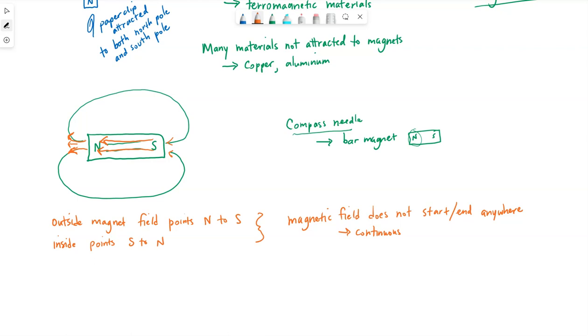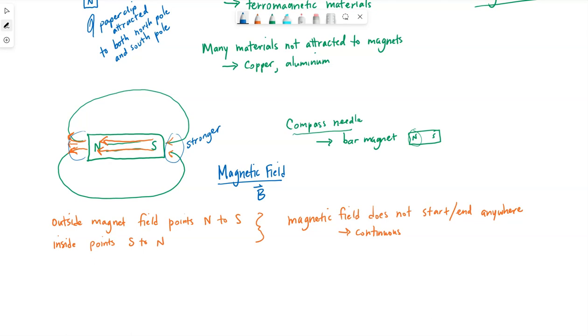Okay, so magnetic field. The symbol we use to represent magnetic field is a capital B. I'm not sure why, I don't recall if I learned. Where the lines are closer together, it's stronger.